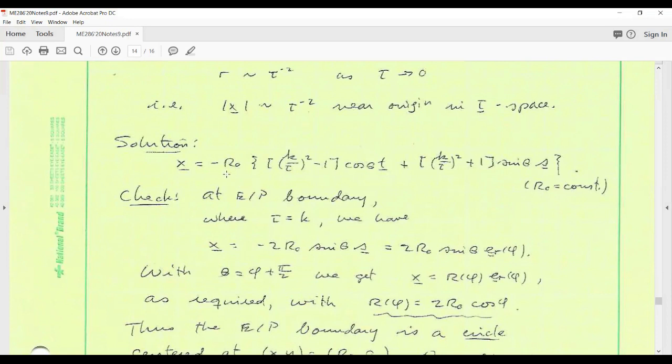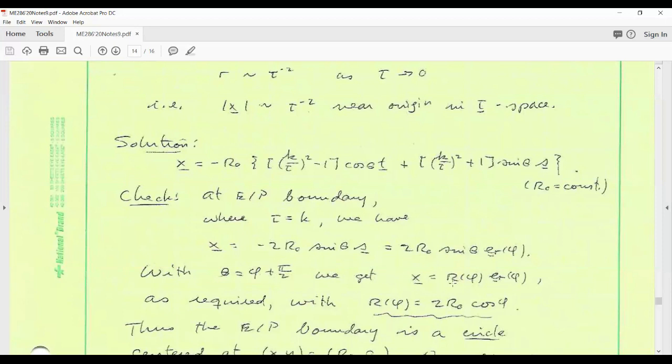We have a minus 2r naught sine theta along S. Minus S was ER phi, if you recall. And we get 2r naught sine theta. Remember that theta and phi are related by this. Theta is phi plus pi over 2. So we can replace theta by phi plus pi over 2.